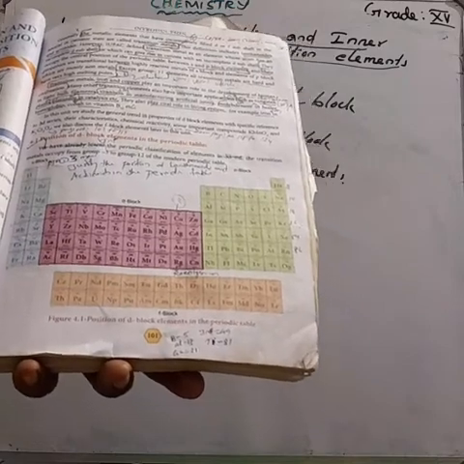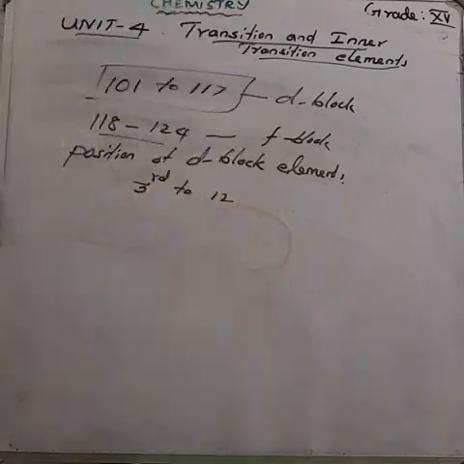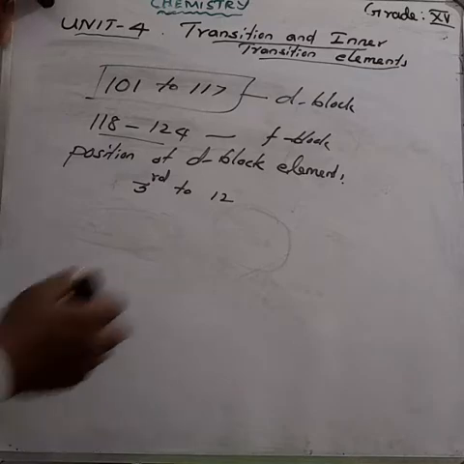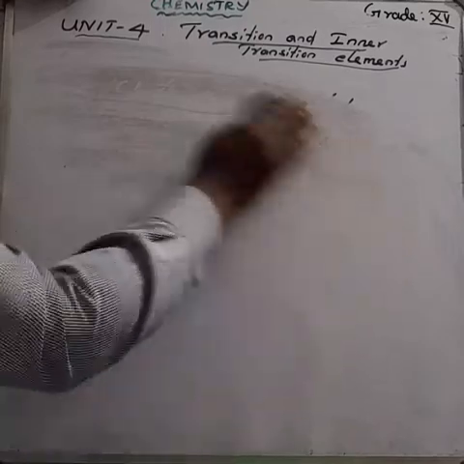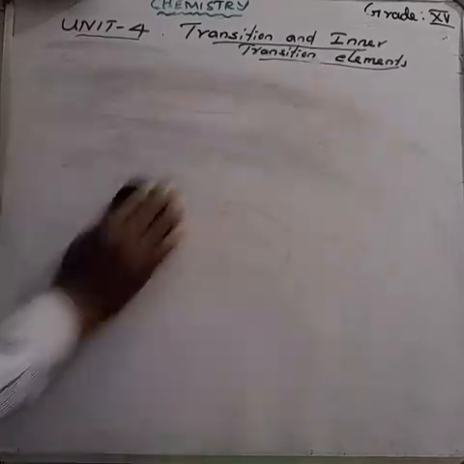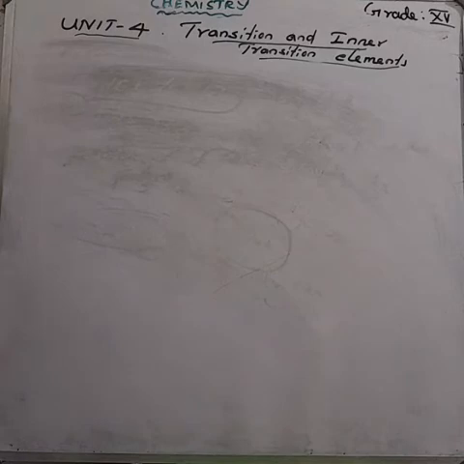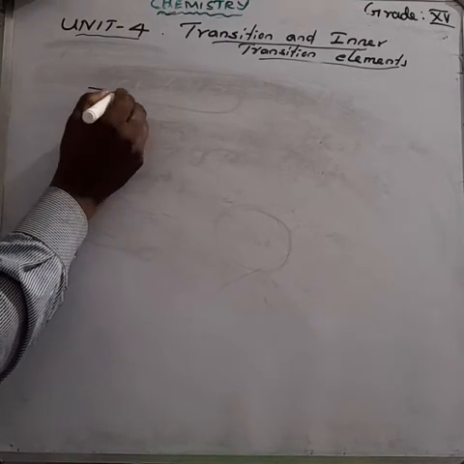Anyhow, the d block elements are composed of the 3d series in the 4th period. We know the periodic table has 7 periods: 1, 2, 3, 4, 5, 6, 7. The 4th period is the 3d series, scandium to zinc.